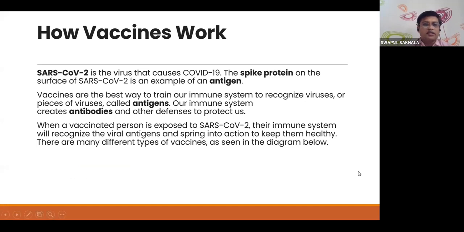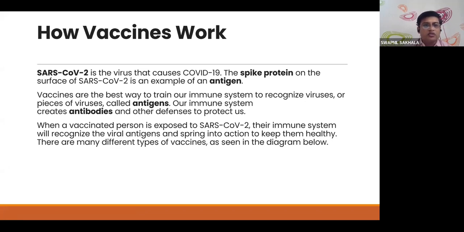So how the vaccine works, basically, as you all know, SARS-CoV is the virus which has a spike protein, as sir mentioned in the diagram, and which attacks as an antigen. So you have to have some antibody in your body to prevent this attack.